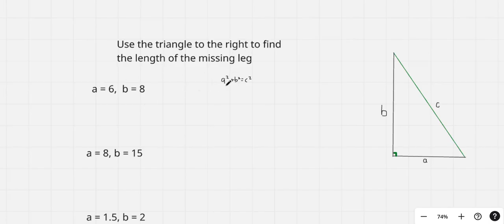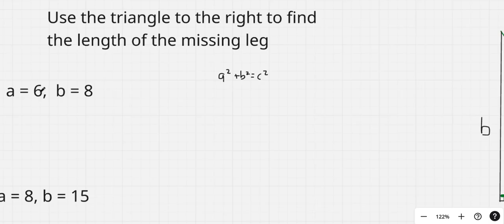We're going to substitute our numbers for the variables here. So instead of a, we're going to write 6. We're going to substitute in 6. And instead of b, we're going to write 8. We're going to substitute in 8. And everything else will remain the same, equals c squared.